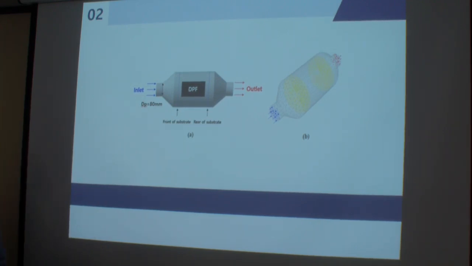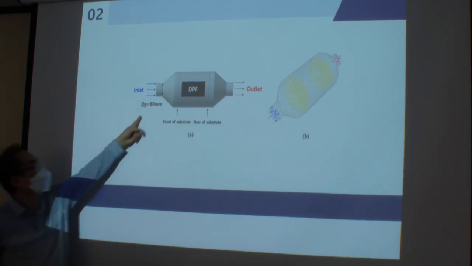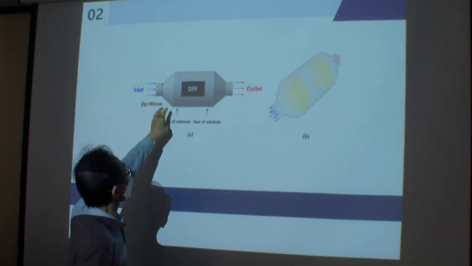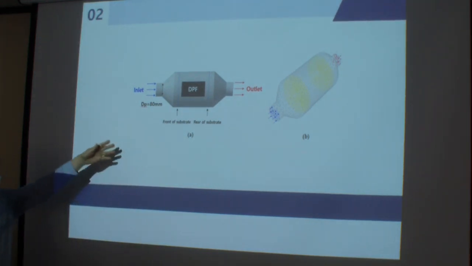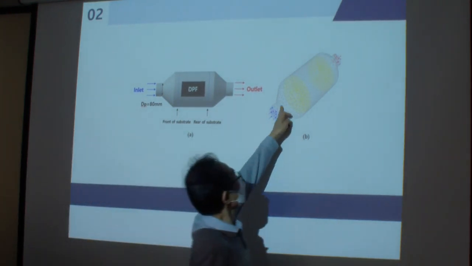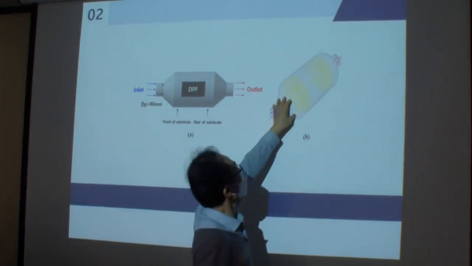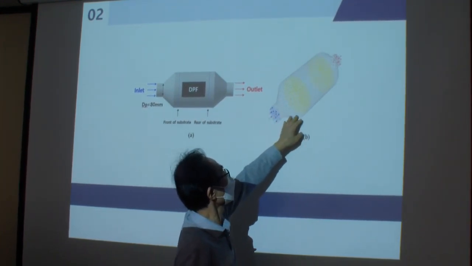This shows the DPF described, and the inlet is 8 millimeter, and then the outside is different. Sometimes we have to change this size, inlet, outlet, so there are many variables involved. So we have to understand clearly. And also, inside the DPF, we apply unstructured grid generation.